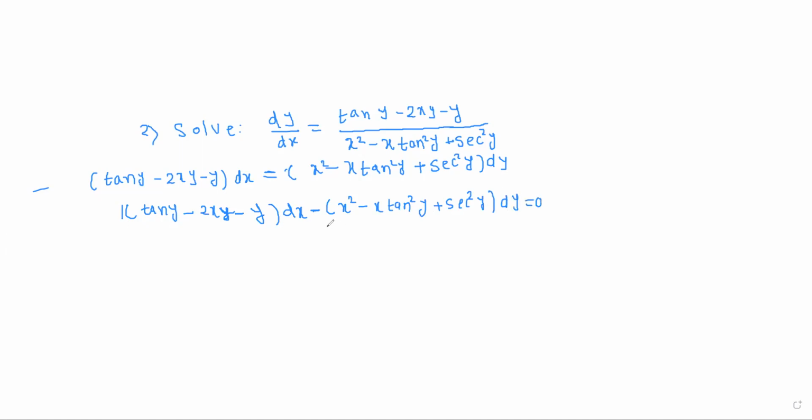Now this is M dx plus N dy. So M will be tan y minus 2xy minus y, and N will be x square minus x tan square y plus sec square of y.